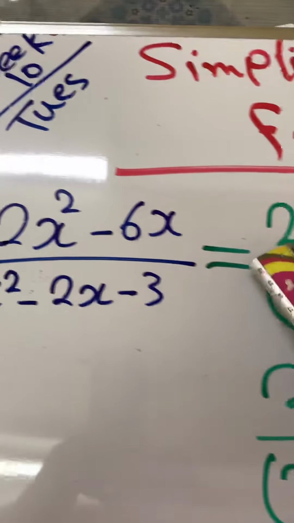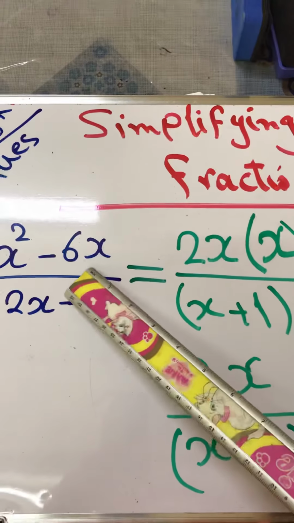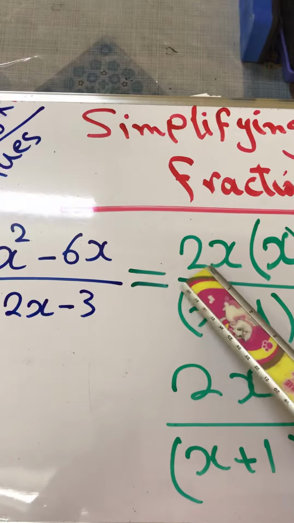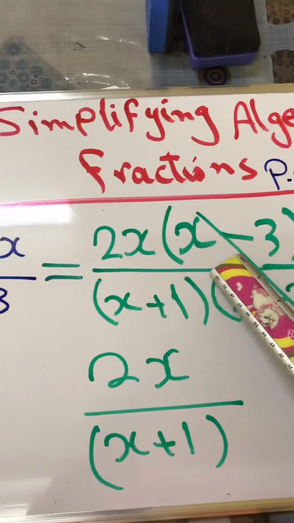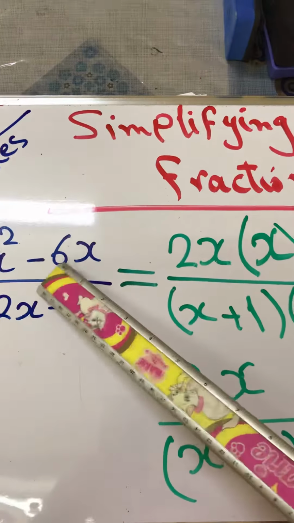Then I'll open brackets: 2x squared divided by 2x equals x, and negative 6x divided by 2x equals negative 3, because I cancel x with x, and 6 divided by 2 equals 3. And of course, negative divided by positive equals negative.